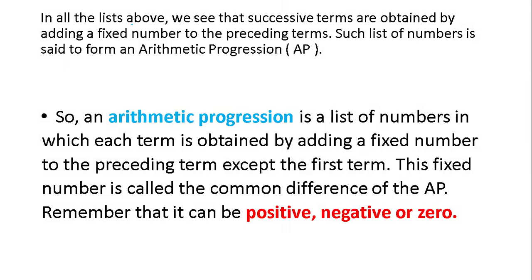In all the lists above, we see that each successive term is obtained by adding a fixed number to the preceding term. Such a list of numbers is said to form an arithmetic progression. So, an arithmetic progression is a list of numbers.